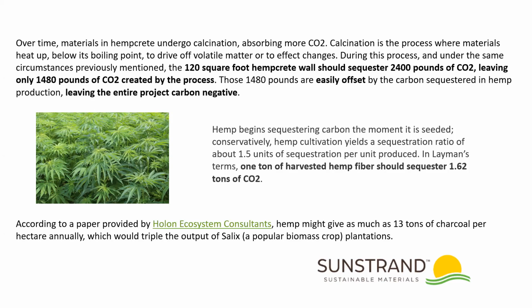So these are some statistics that I've gleaned from websites from, for instance, Sunstrand, the only company in the US that currently has a processing facility for both the fiber and the hurd that I know about. I can't really validate their claims, but this is an example of the amount of carbon that is sequestered by the plant.